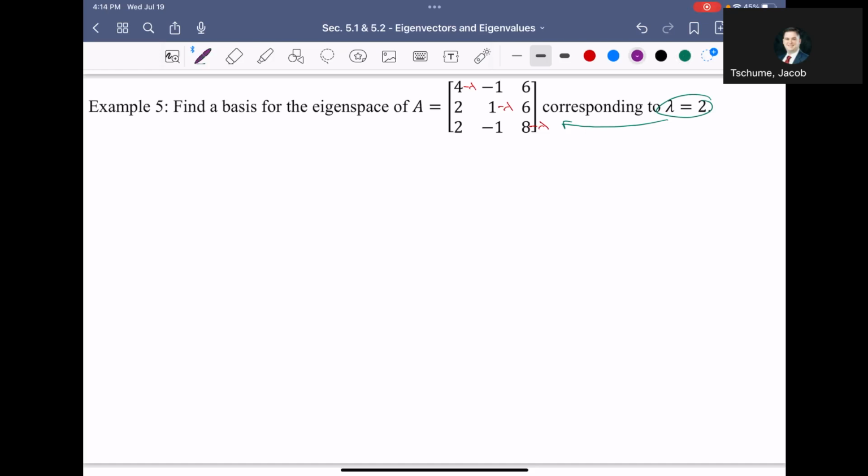So over here on the left, if I plug in 2 down the main diagonal, you will get 2, negative 1, 6, 2, negative 1, 6, and then 2, negative 1, you guessed it, 6. I have a method to my madness. You'll see in a second. To make this a homogeneous equation, I'm going to put zeros down the last column, which doesn't really mean much, but we'll use it there.